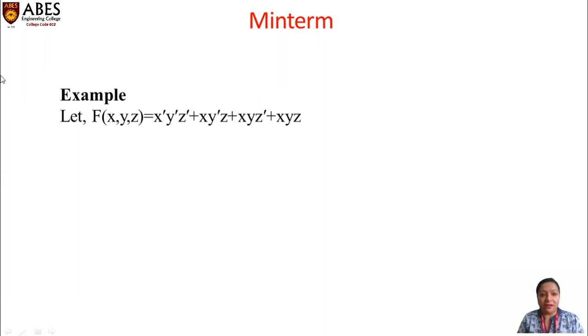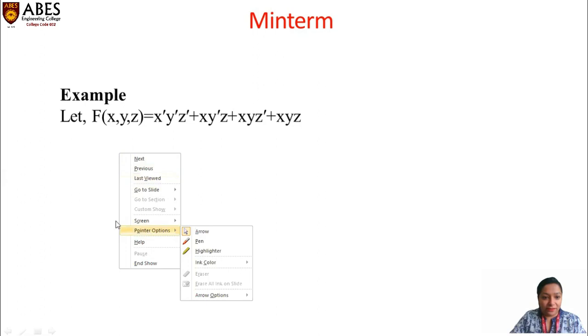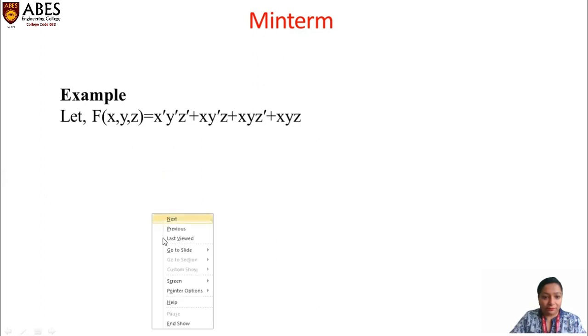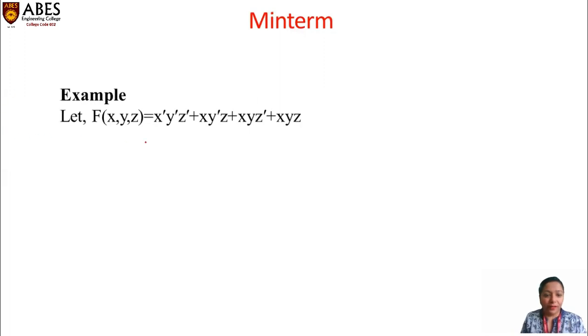Now let us take this example. We have been given a Boolean expression and we have to write it in the form of min term and max term expressions. This is a function of three variables, X, Y, Z. There are three literals, and these are the terms given. How can we convert it into min terms?